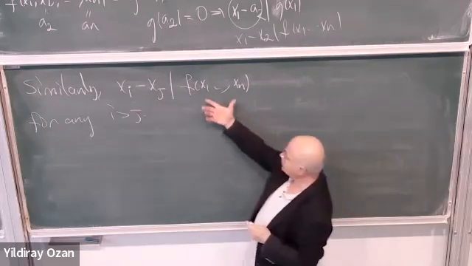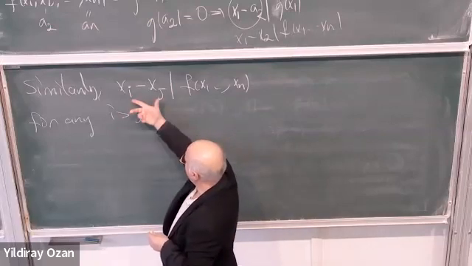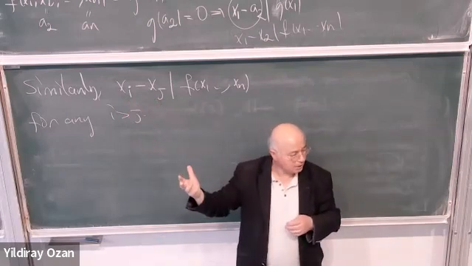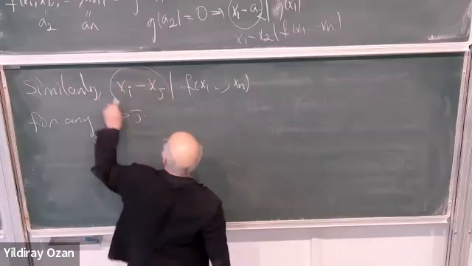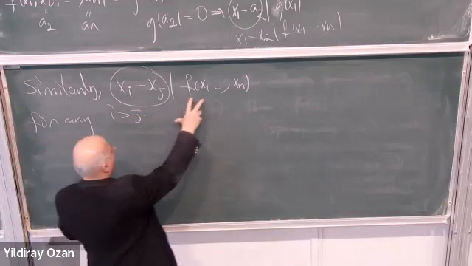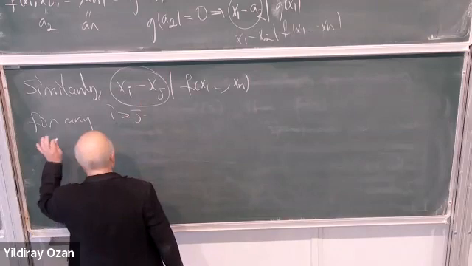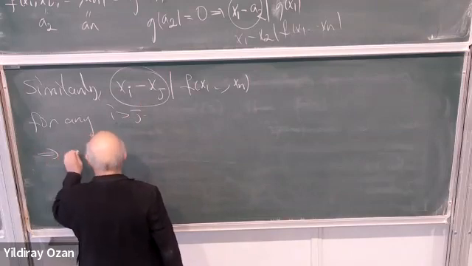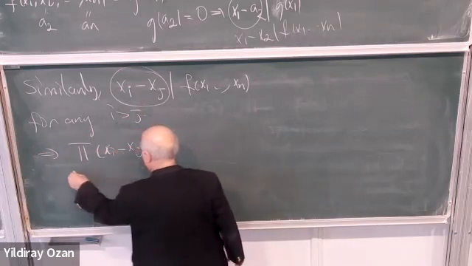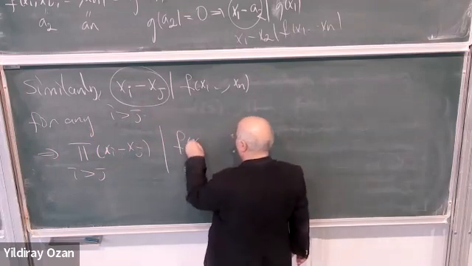All those factors divide this polynomial, but for different i and j, these are irreducible elements. One of them doesn't divide the other one. Therefore, all of these factors for i larger than j are factors of this. So this implies that all of them, xi minus xj for i different than j, divide this polynomial.